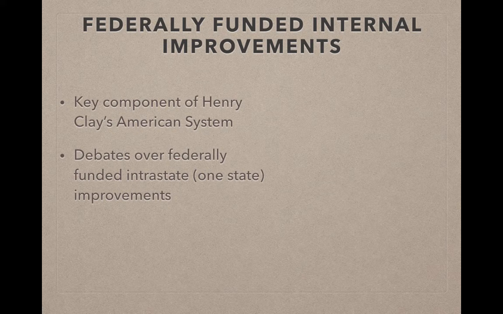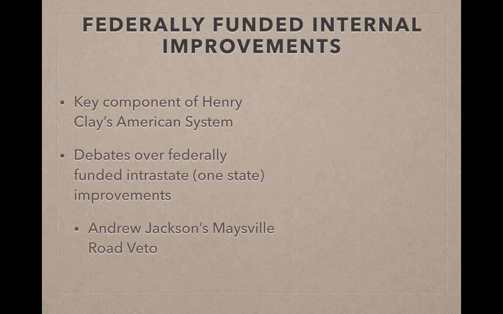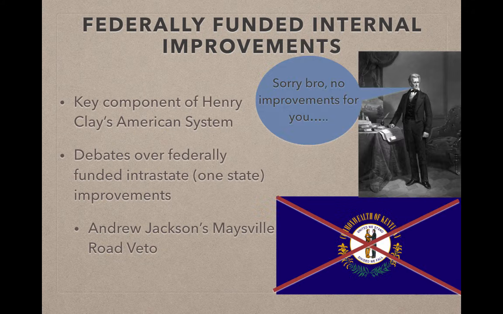They thought the federal government should only pay for improvements that would benefit more than one state or interstate commerce. So Andrew Jackson, he will veto the Maysville Road bill, which would provide federal funds for a road that is solely in Kentucky. And many Whigs were upset about this. So Jackson's pretty much like, sorry, bro, no improvements for you because you are Kentucky. You are one state that's intra, not interstate commerce.